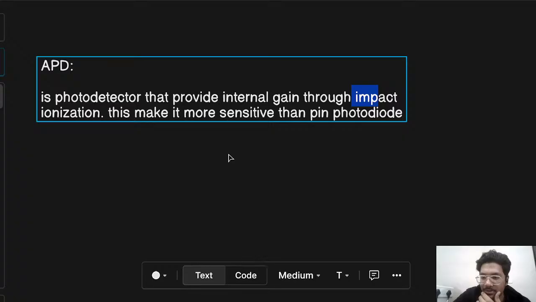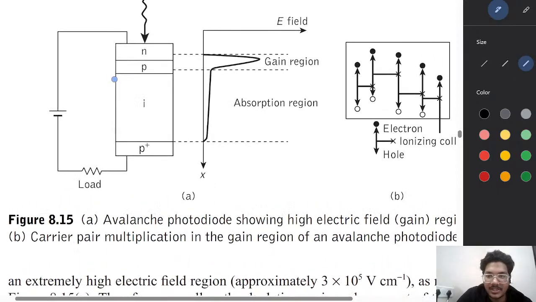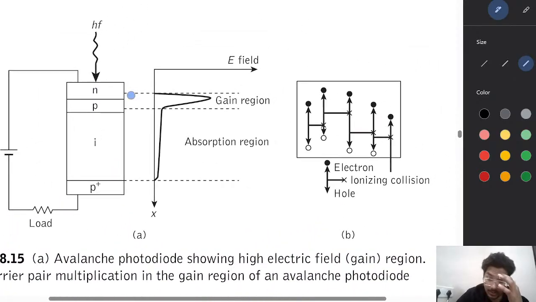Let's discuss the structure of the avalanche diode. It has an absorption or depletion region where the photon generates a carrier pair.